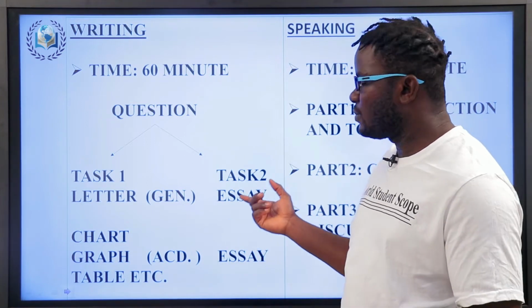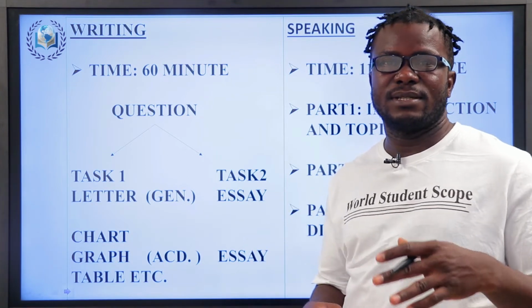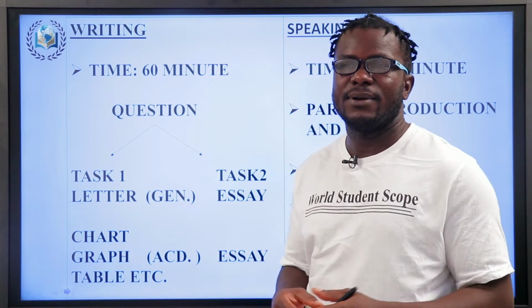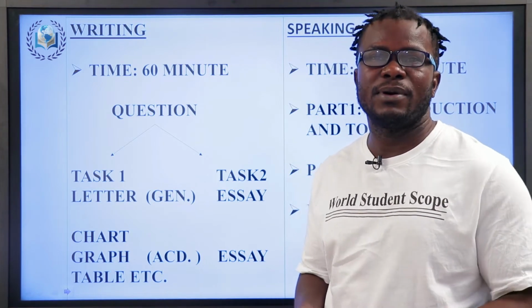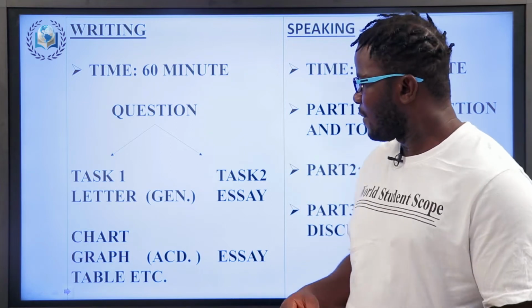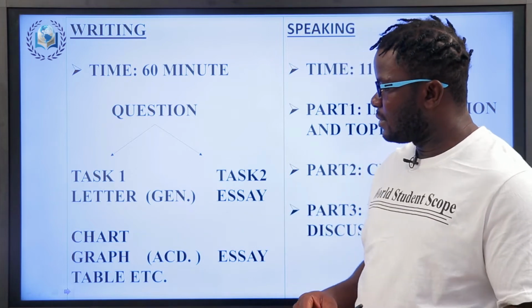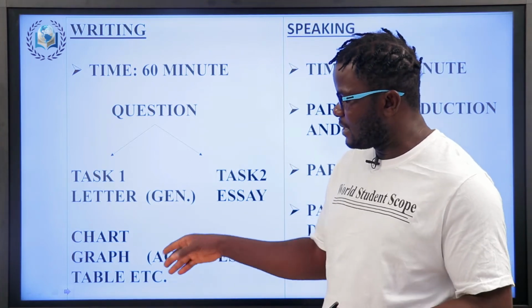And task 2 has to do with an essay, wherein you will be given a topic to discuss briefly or in detail. For example, your favorite newspaper, your favorite museum, your most visited park ever. And in the next part, you'll be given a chart, graph, and table.